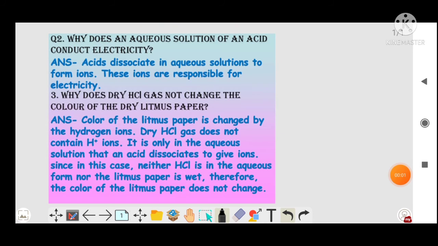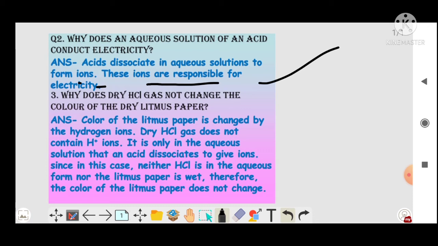Why does an aqueous solution of an acid conduct electricity? Because an acid dissociates in aqueous solution to form ions. These ions are responsible for conducting electricity. So simple. Next question: why does dry HCl gas not change the color of dry litmus paper?